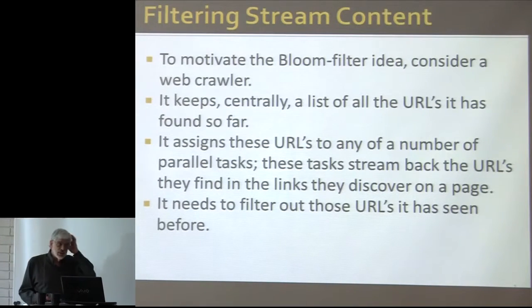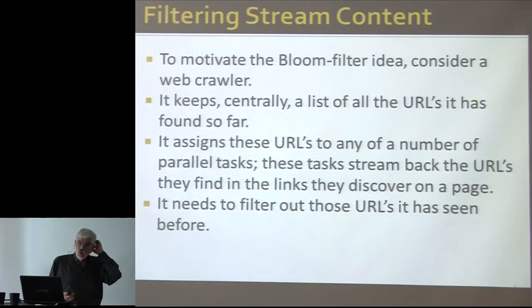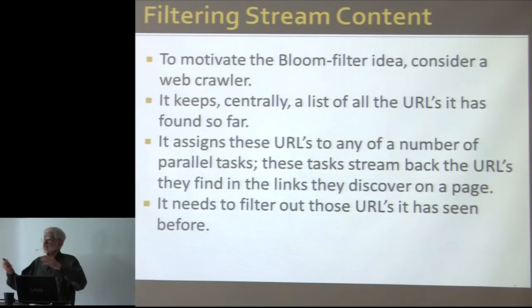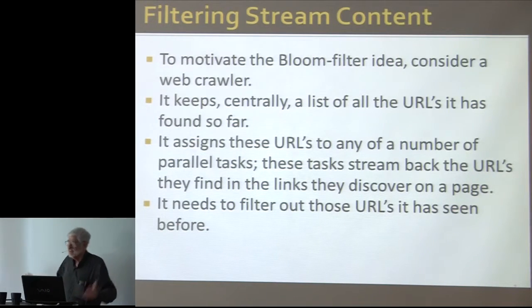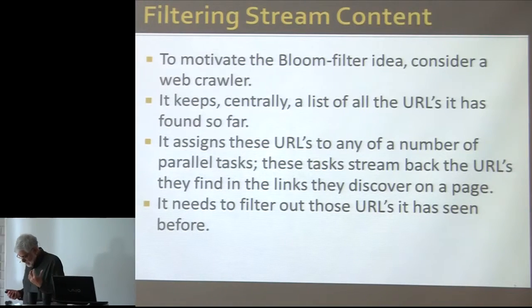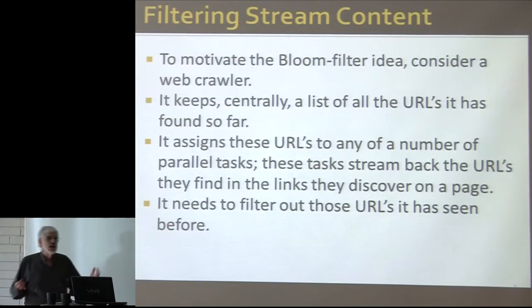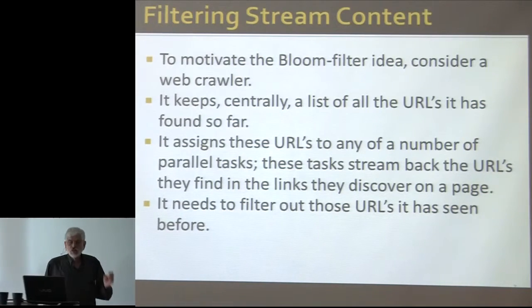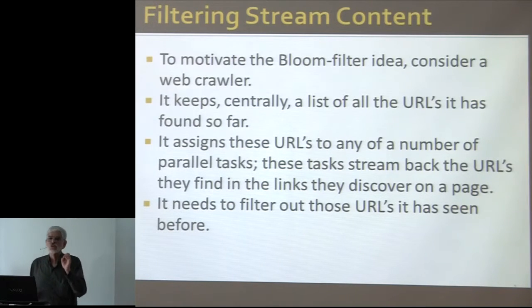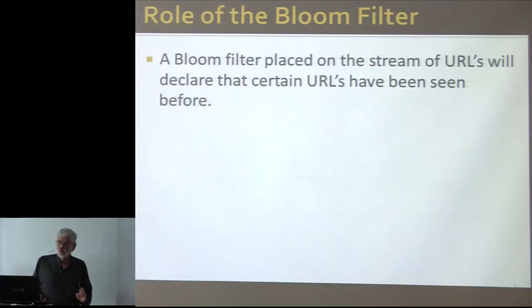But that's really expensive, because there are trillions of pages that are being crawled. So what you want is something that takes less space and gives you an approximate answer to the question, have I seen this URL before?